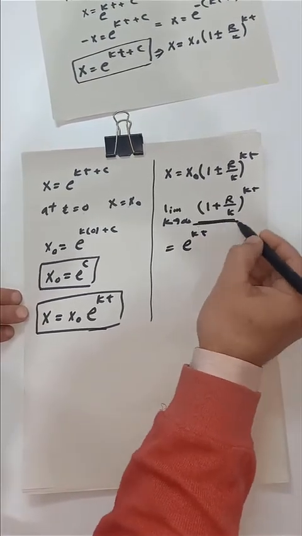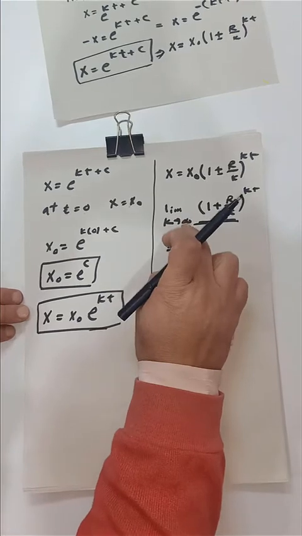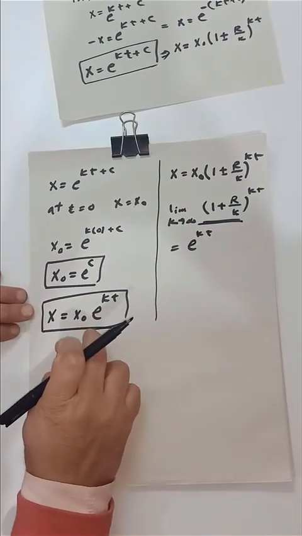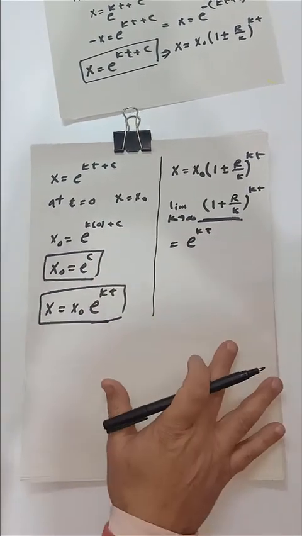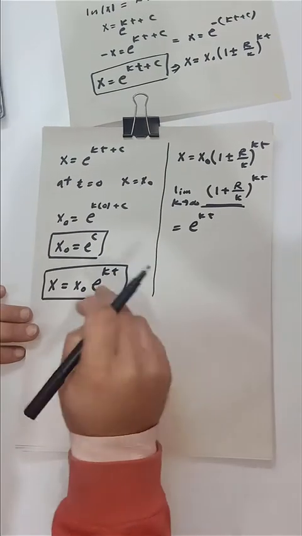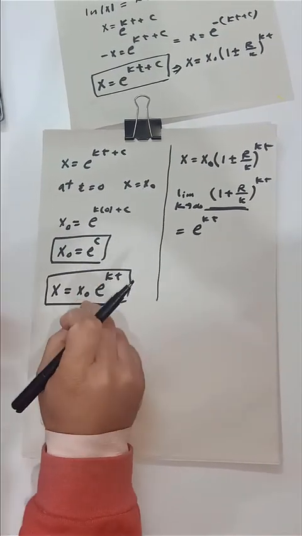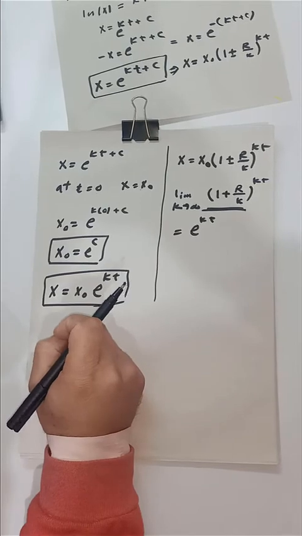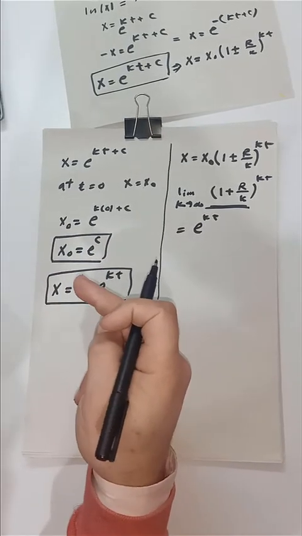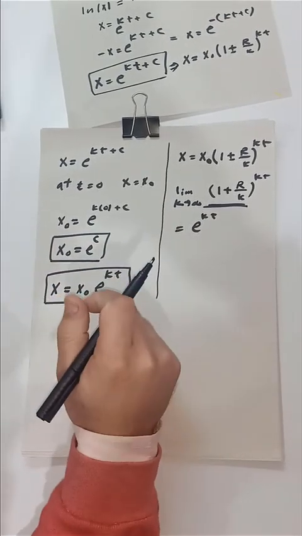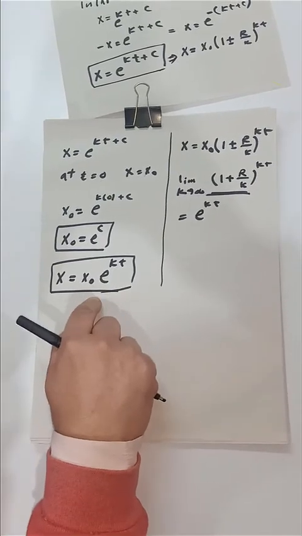So if k tends to infinity, this value becomes this value. What is the difference? If the value of x grows or decays continuously, we use this rule.